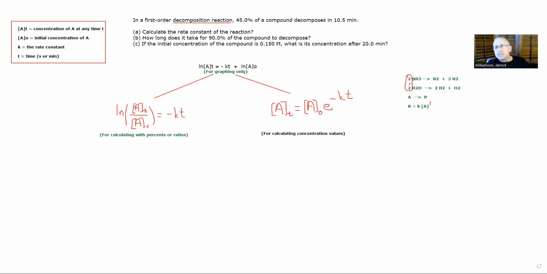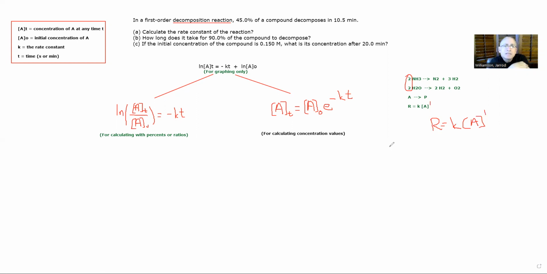And these 2's are just coincidence of the examples that I chose. So it's a first order reaction. If it's first order, the rate is k times A to the 1 power, which is what I wrote right here.